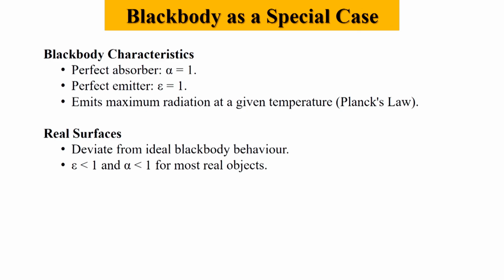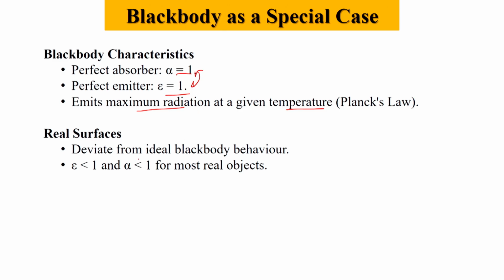When you compare a body and a black body, the black body is a special case which is a perfect absorber, so alpha becomes 1, and a perfect emitter, so epsilon becomes 1, both 100%. It emits maximum radiation at a given wavelength and temperature, and the wavelength can be calculated.